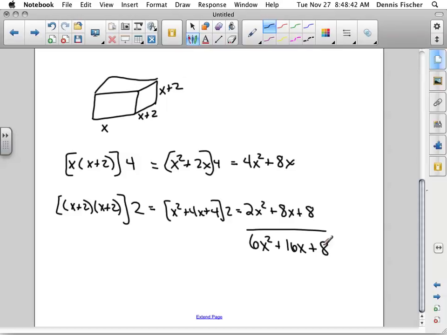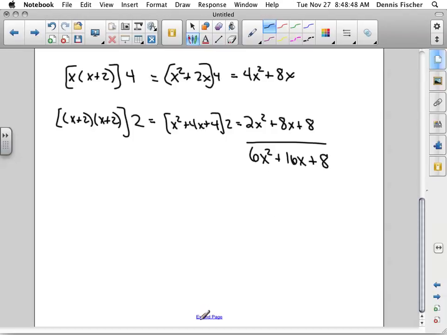Now if I said, okay, that has the same surface area as, I don't know what, let's say a cube with side 6. Same surface area as a cube with side 6. Okay, now a cube has all sides the same, right?